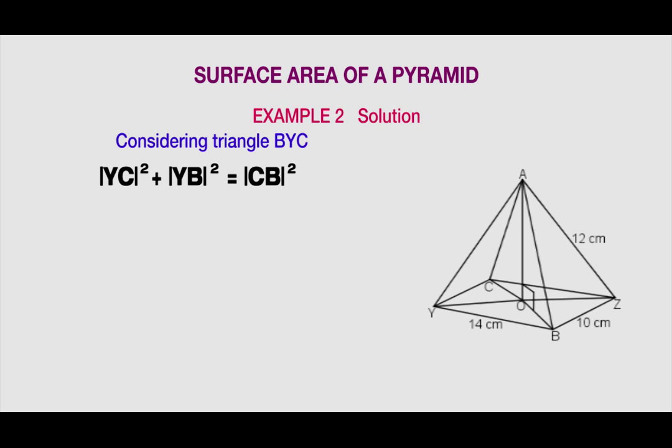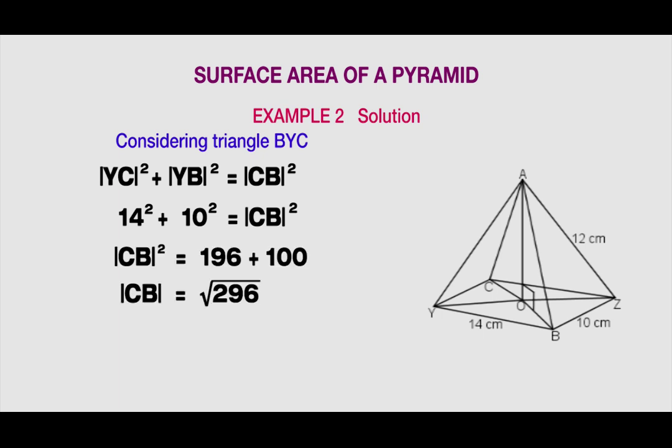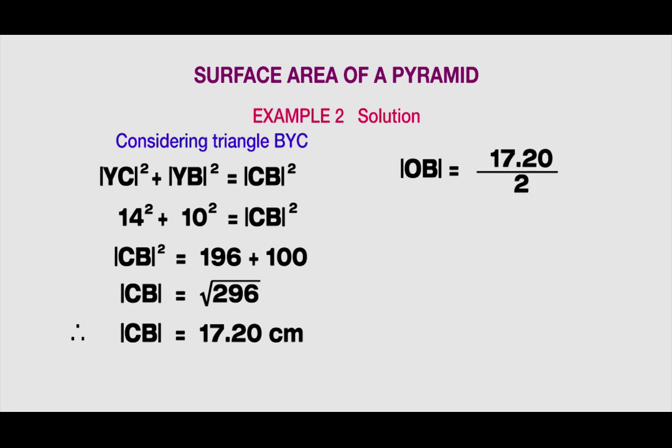If you do our substitutions, we have 14 squared plus 10 squared equal to CB squared. Simplifying that, we have CB equals square root of 296. And that gives us CB equals 17.20 centimeters. Therefore, the OB that we are looking for is equal to 17.20 centimeters divided by 2. And that gives us 8.6 centimeters for our OB.